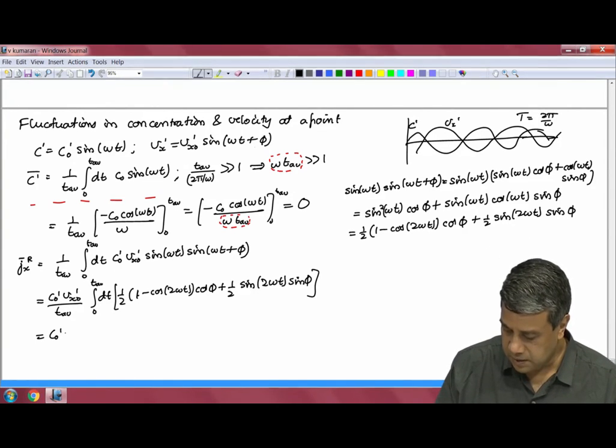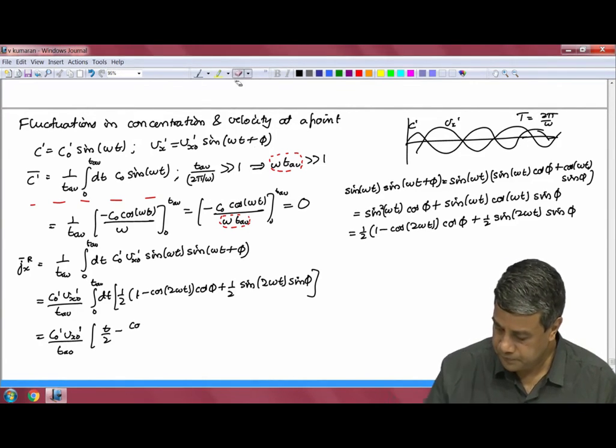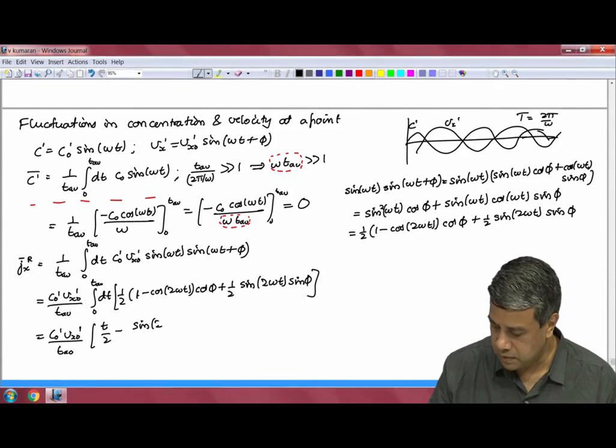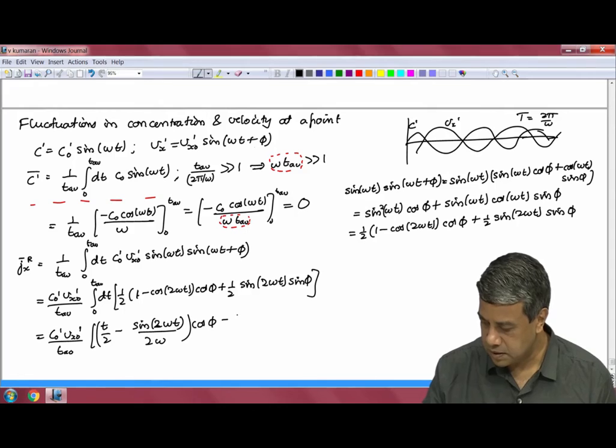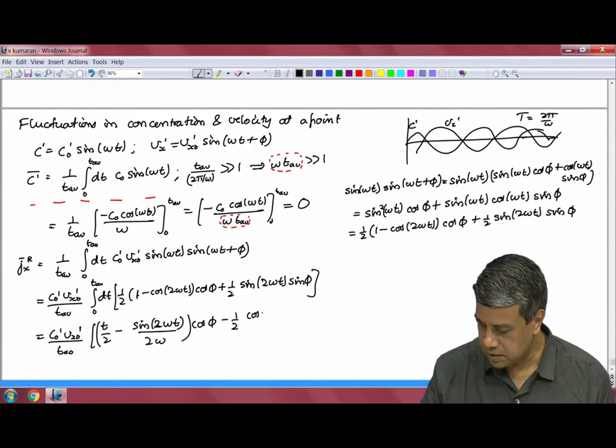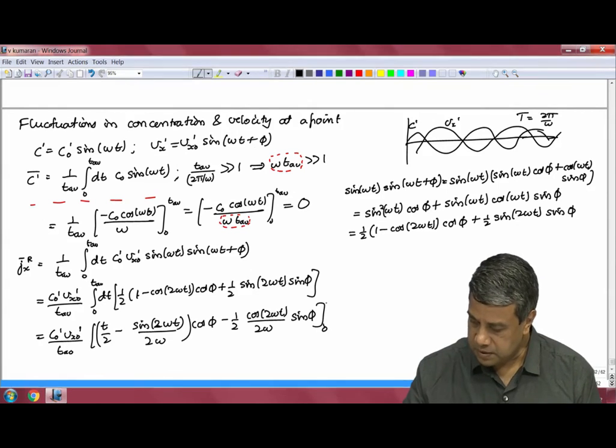I will get C naught prime Vx naught prime by T average into T by 2 minus sine of 2 omega t by 2 omega into cos phi, minus half into cos of 2 omega t by 2 omega sin phi, evaluated between 0 and T average.